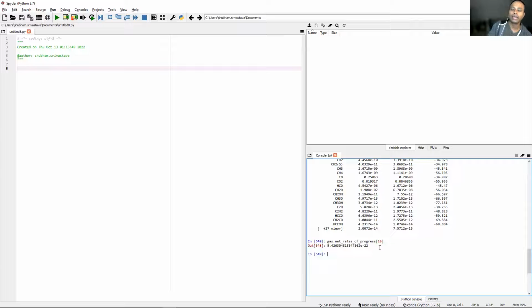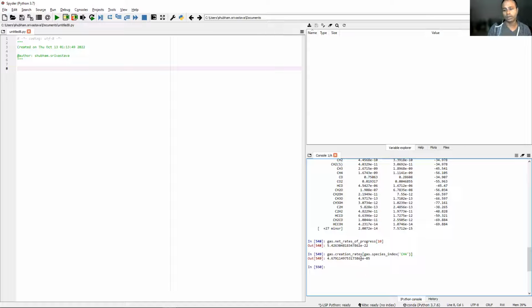Right. So let's look what this gives now, net rates of progress. See, the net rate of progress right now is such a small number, 10 to the power minus 22, which means that there is really no progress. I mean, the forward is equal to the reverse rate of reaction, and so the difference between them is almost zero. And let's also look at the creation and the net production rates of CH4 again. So creation rates of CH4.